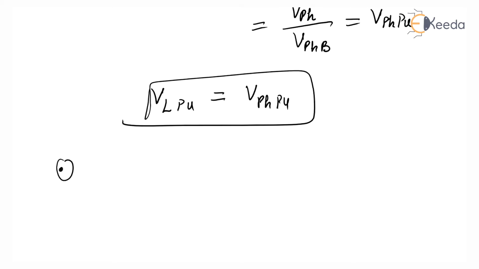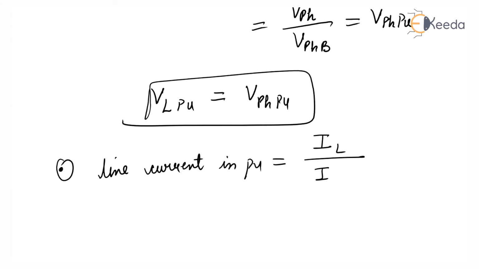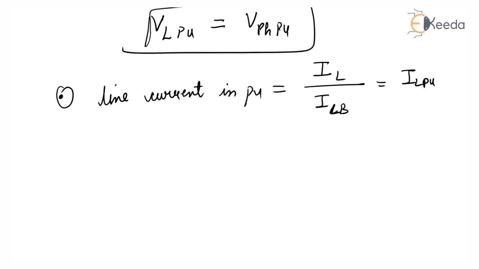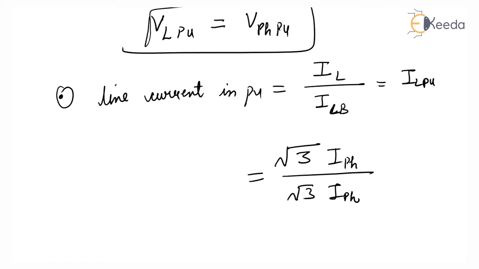Now for line current in per unit, line current per unit is equal to the actual current IL upon base current IL base, so this is IL per unit. And for phase, we know it is root 3 IPH upon root 3 IPH base.